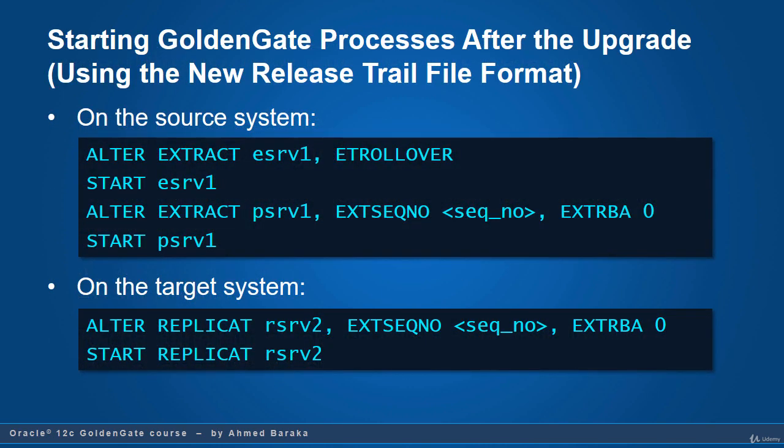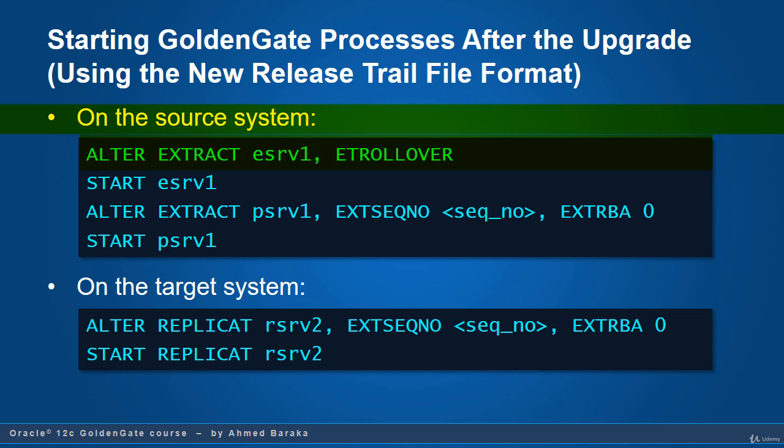The slide is demonstrating the procedure of properly starting the GoldenGate processes after upgrading the source and the target systems, and if we decide to use the trail file format of the upgraded software release. As described in the preceding slide, in the source system, alter the extract using the ETROLLOVER option.